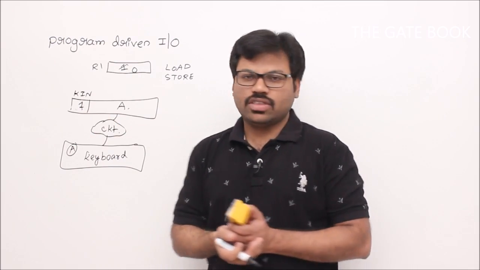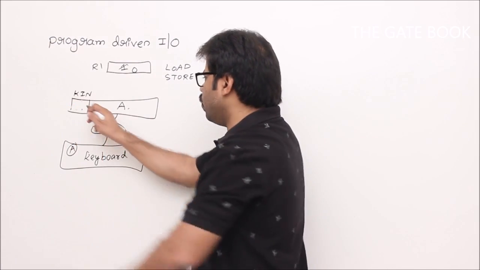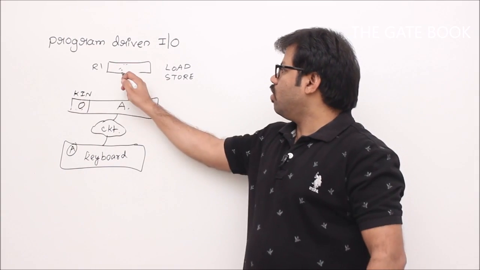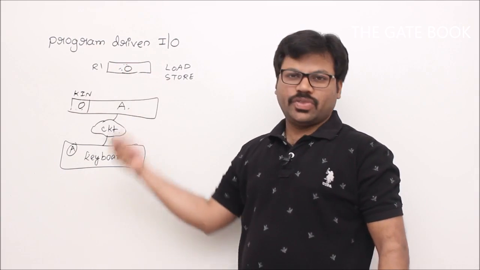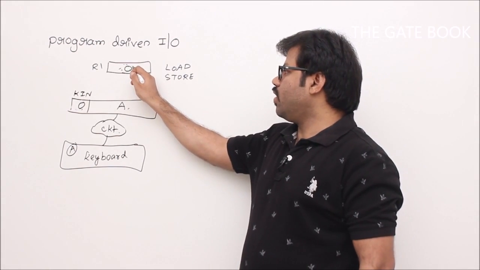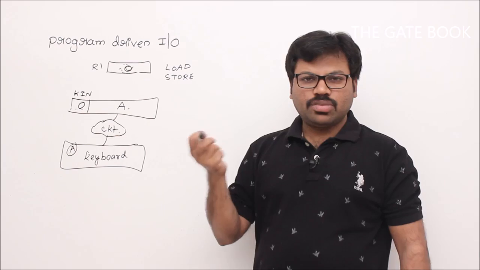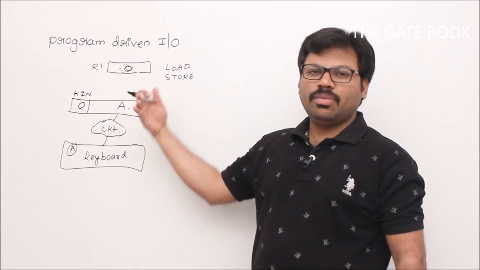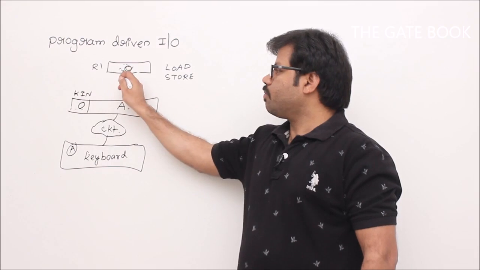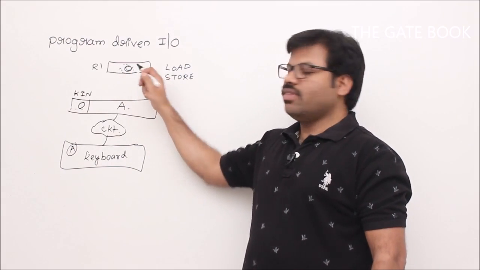Then some students will have this doubt. Sir, if this bit is 0, then why continuously do we have to take that bit? Only one time I take it and I repeatedly observe. Is that the idea? No. Because if you take it only once, you are always observing the old, fixed data, that will always be 0, and you will be in an infinite loop. It's not like that. Read the data, then check whether it is 0 or 1.